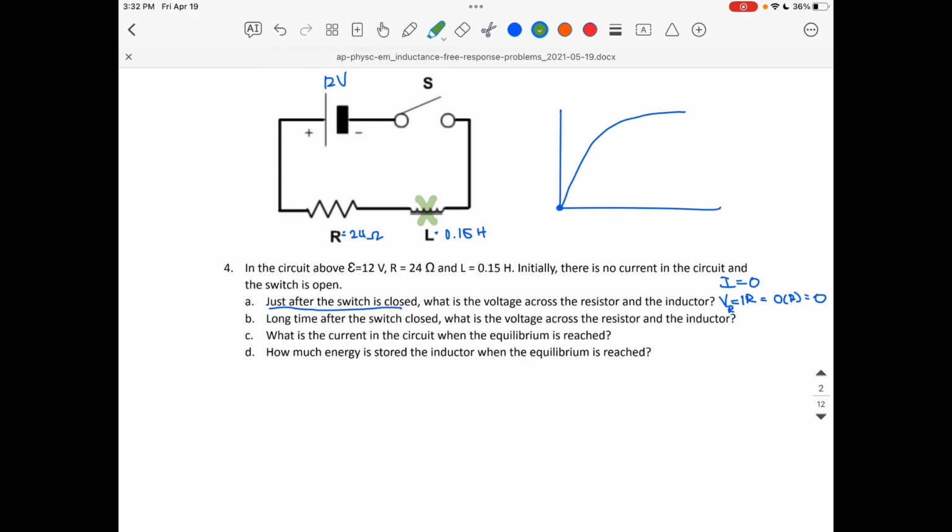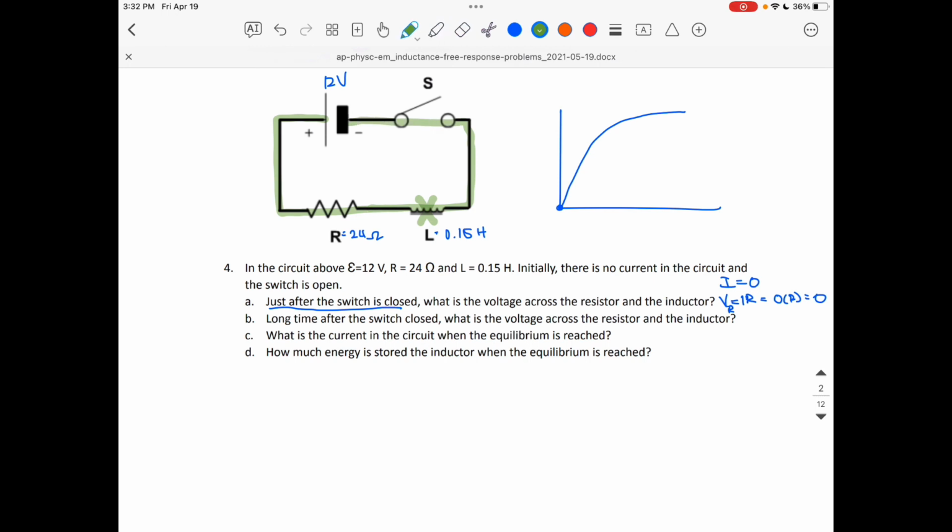We can use Kirchhoff's law, but just visually you can see that because there's only one element, it's going to dissipate all the voltage in the battery, and then it's going to come back to 0.